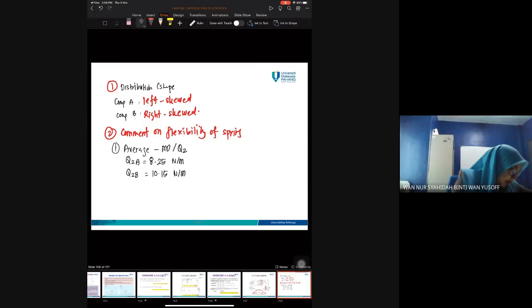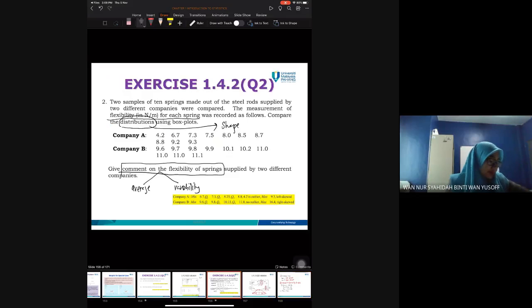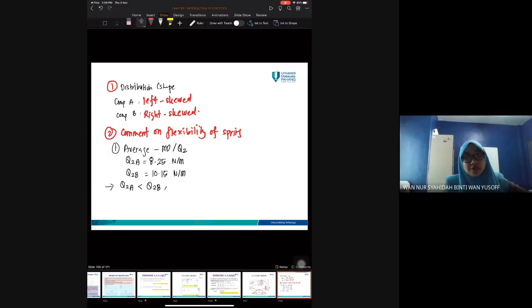So the first comment that you can write based on the average, you can compare these two values. In this case, we have the Q2 of A less than the Q2 of B. What can we conclude? Which spring is more flexible based on the average value here?